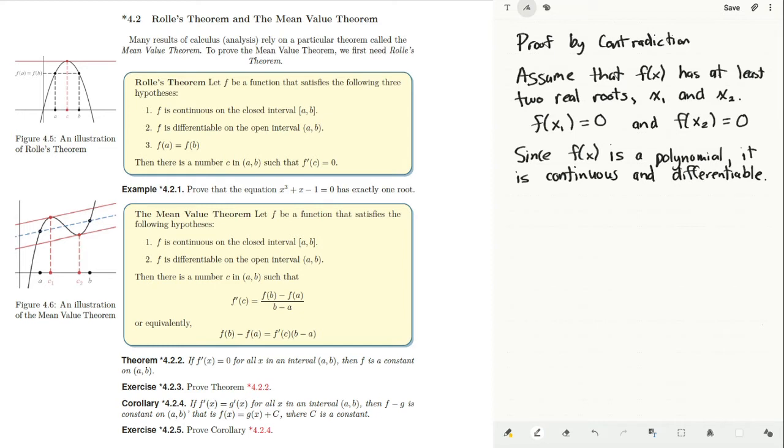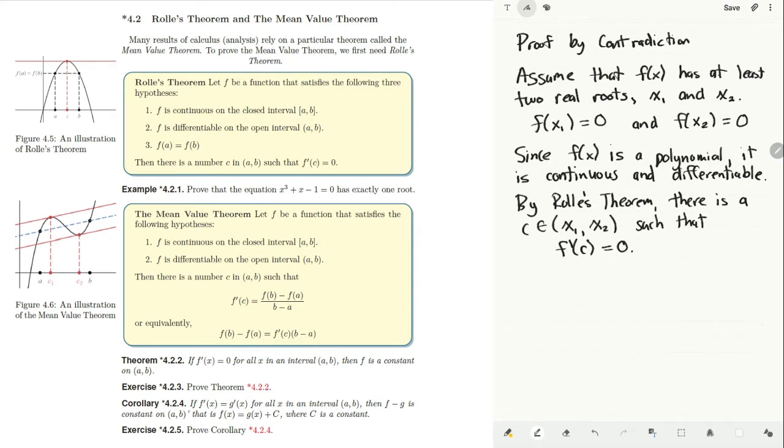In this case, they are both equal to 0. So by Rolle's theorem, there is a c which lies between x1 and x2 such that the derivative at c is equal to 0. So this is the result of Rolle's theorem.